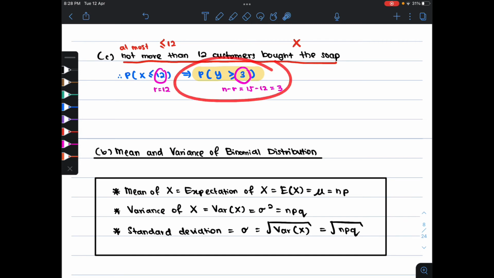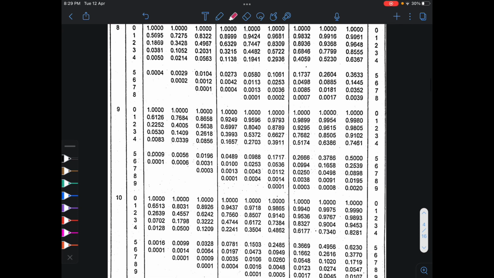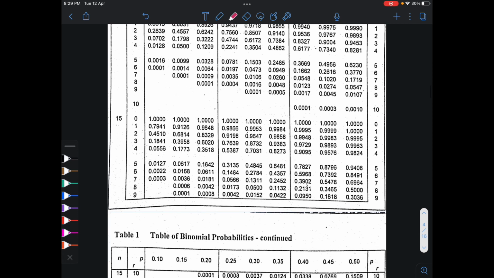And since this is in terms of P(Y more or equal to R), that means we can use table 1. Because in order to use table 1, you must have a more or equal to sign. So here, our N is still 15, our new R is 3, and our new P is 0.4. So our P is 0.4, and our N is 15.